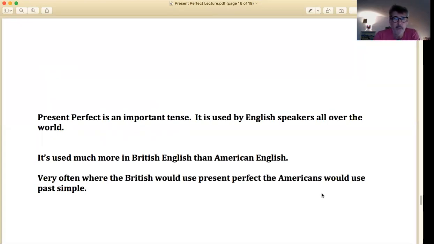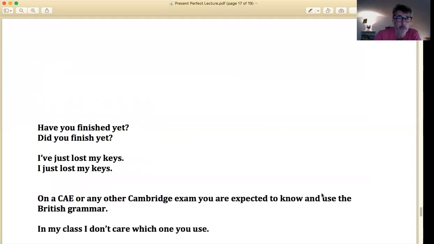One example would be like what we just saw: I just bought an iPhone. That would be American English, you would go into past simple, or I've just bought a phone. On my credit test, I'm going to give you credit for either one. Both are legitimate, there's no problem with either one.